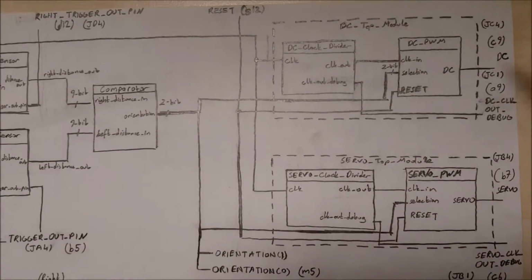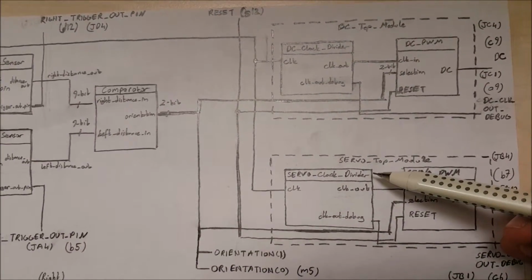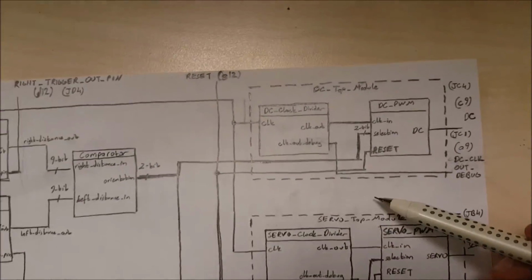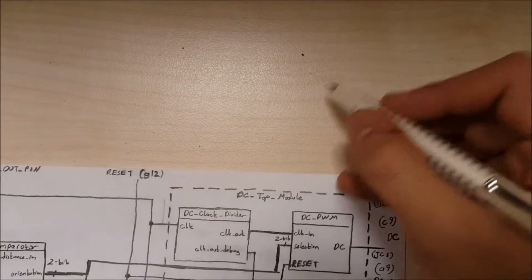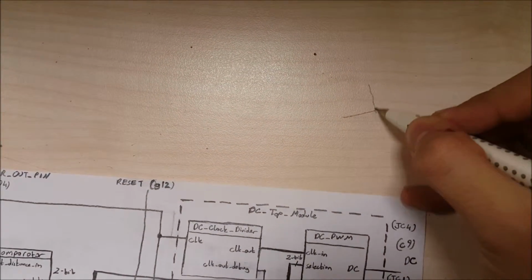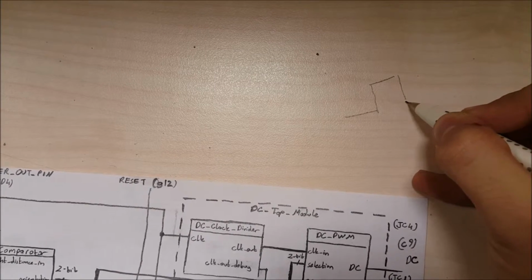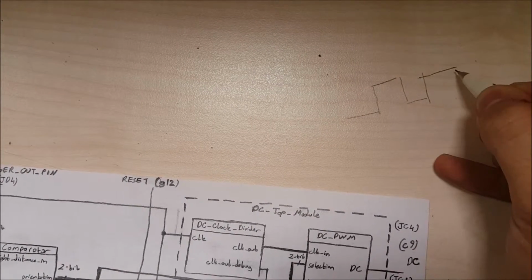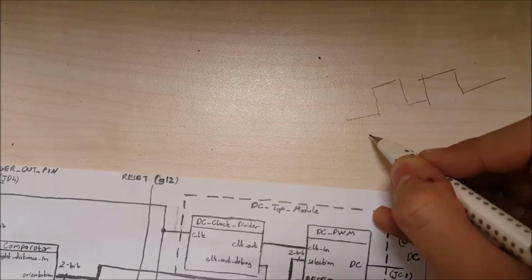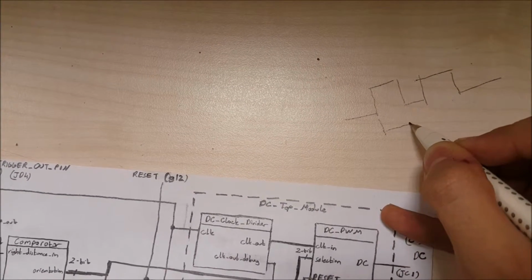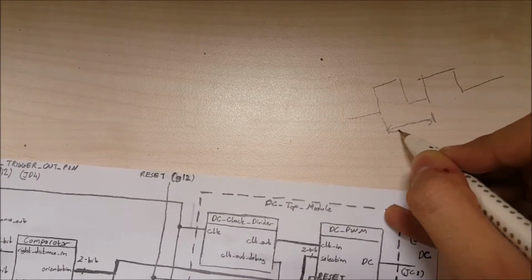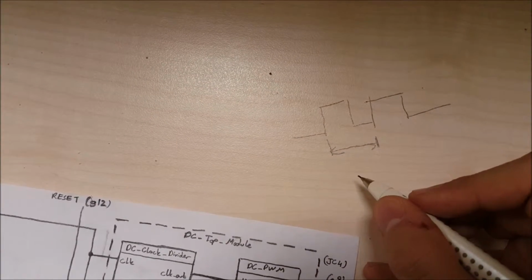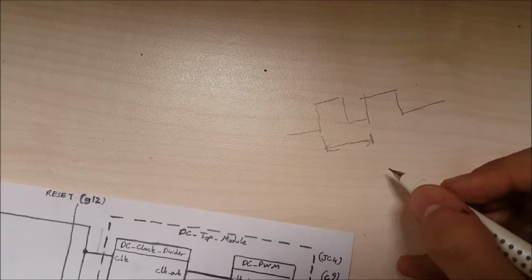I'm going to use two different clock dividers for different purposes. As you all know, or probably will know, pulse width modulation is used to change the duty cycle of the square wave, and of course to change the energy that is given to the DC motor.